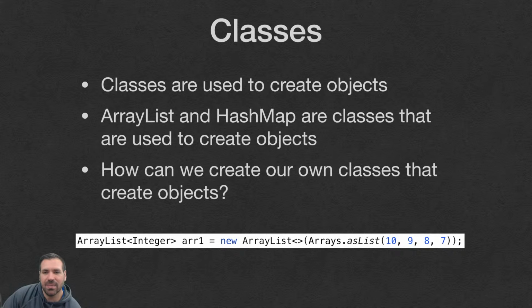Realistically, last week could be condensed into 10 minutes: here's how you do things in Java. Maybe not, because we have to talk about strong typing. But this is the big new thing. This is 116 learning objective content starting right now. And we've seen this with array lists and hash maps, and in 115 you see this in Python with lists and dictionaries, where we do actually create objects.